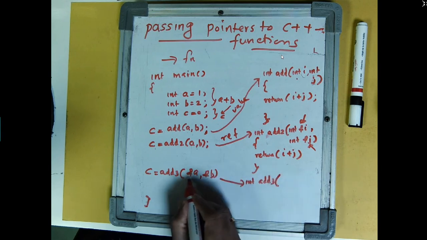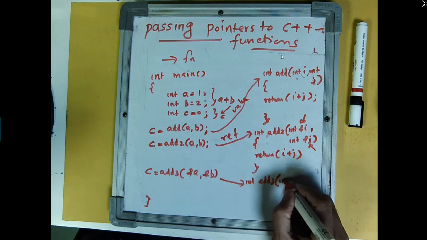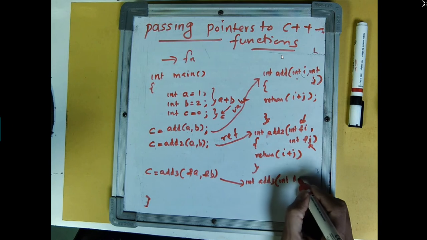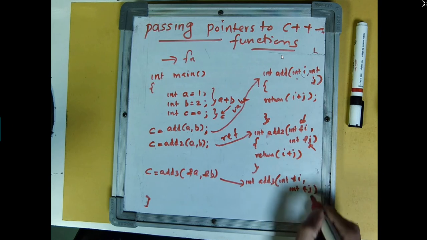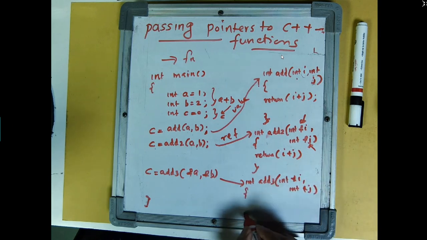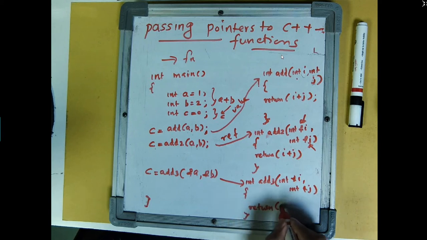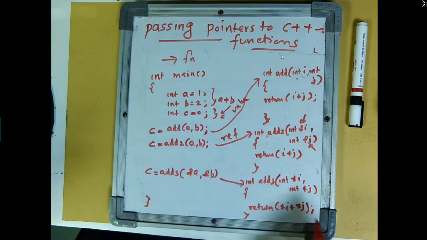The moment the address is passed, here it becomes int star i, comma int star j. So here you are going to say return star i plus star j, the content of i and j. This will also give the same result.